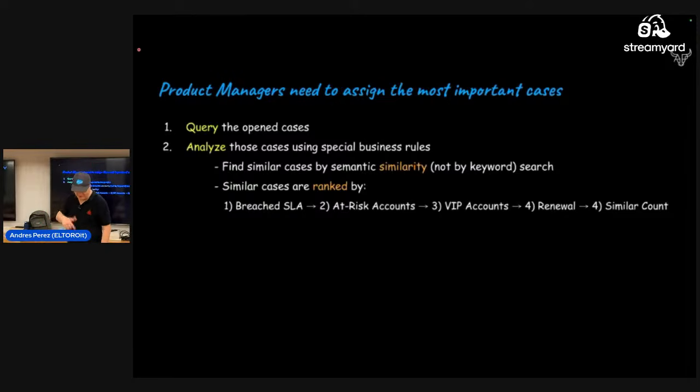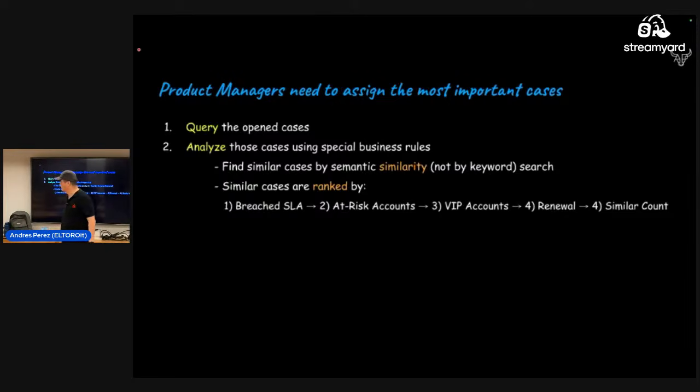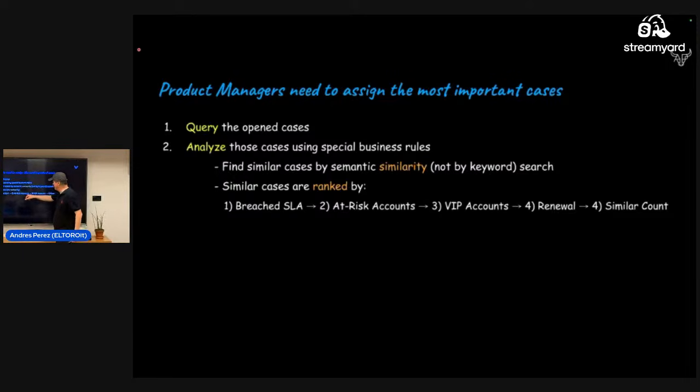In addition to that, we're going to check whether the account breached the SLA. Are these at-risk accounts? There's a flag in there. VIP accounts, there's another Boolean field somewhere. Are they up for renewal? There's a date. And similar count, right?